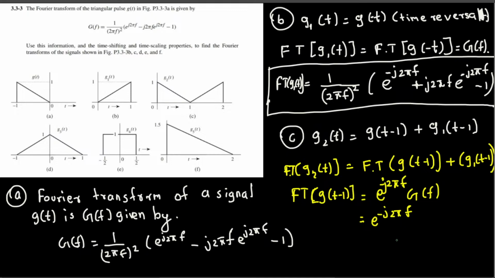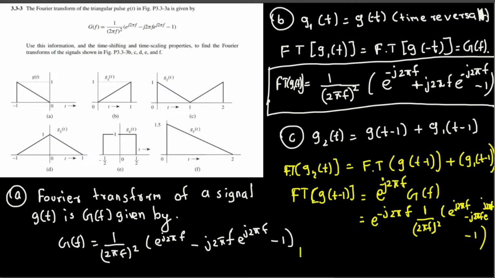We have to multiply the whole thing with this, and that gives us g(t−1). So let's do that: 1 over (2πf) whole thing squared, times e^(j2πf) minus j2πf e^(j2πf) minus 1. Okay, that is the Fourier transform of g(t−1).